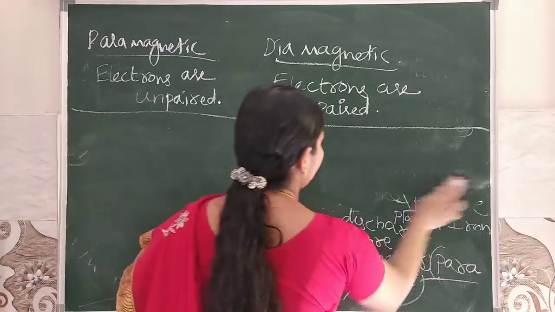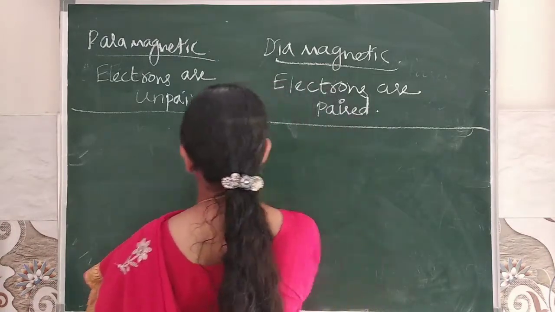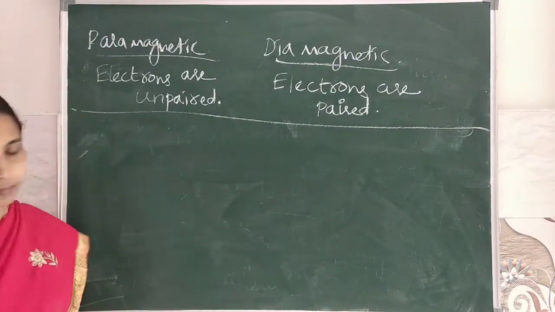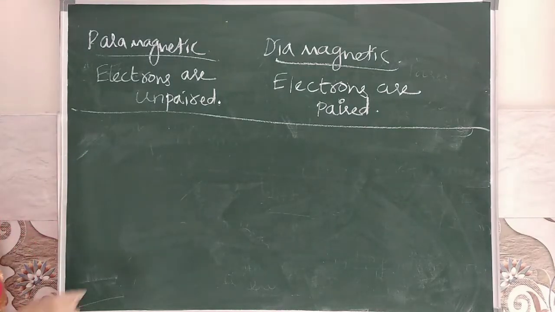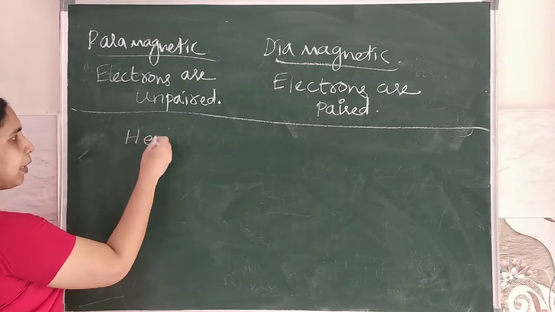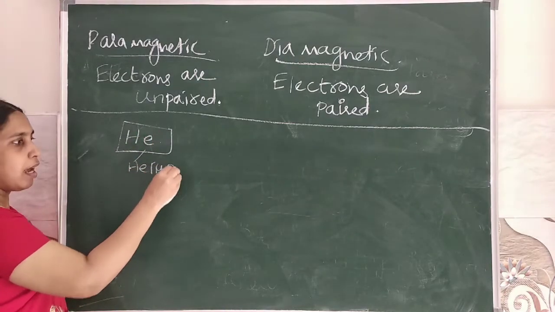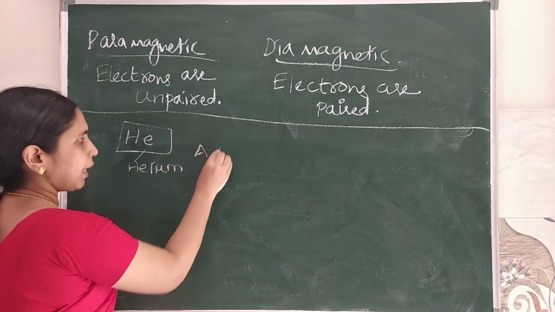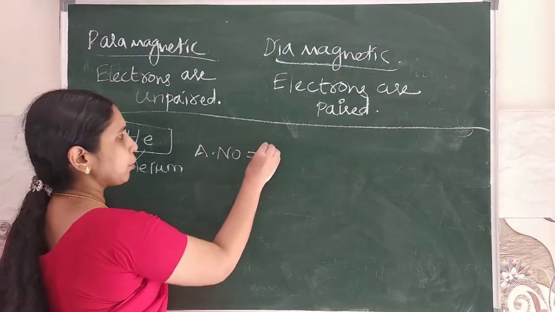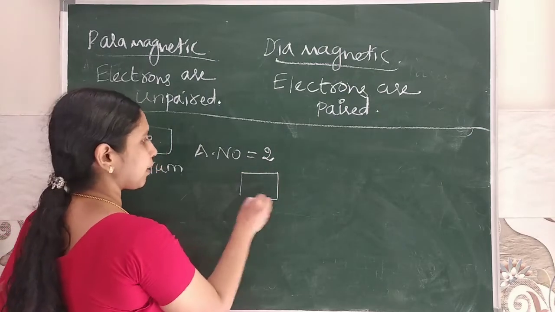For example, helium. He means helium. Okay, students? Helium's atomic number is 2, so 2 electrons.